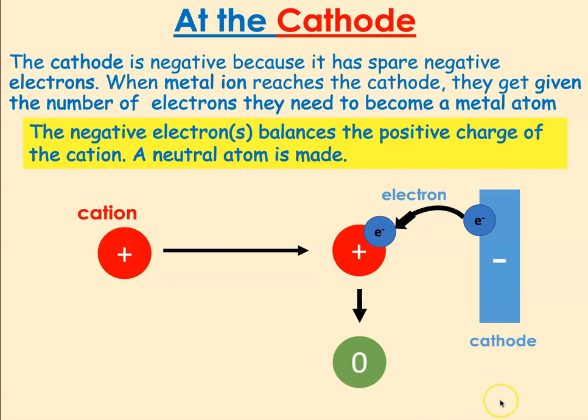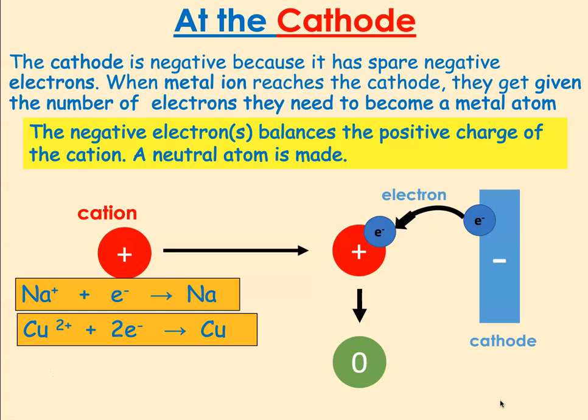At the cathode, if you remember, we have the cation, which is positive. It receives electrons from the cathode and it becomes an element. However many positive charges it's got, that's the number of electrons it needs to receive in order to become an element. So for instance, Na+ will need 1 electron to become sodium: Na+ plus e- gives us Na.